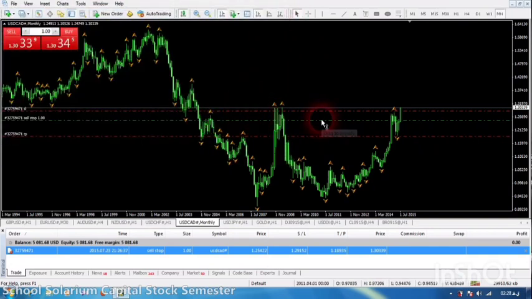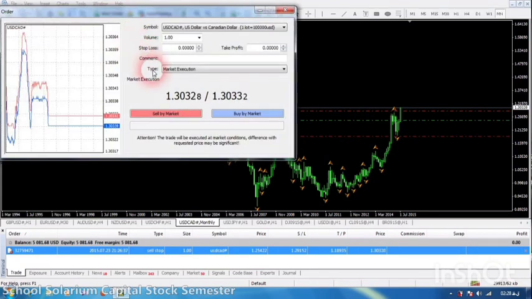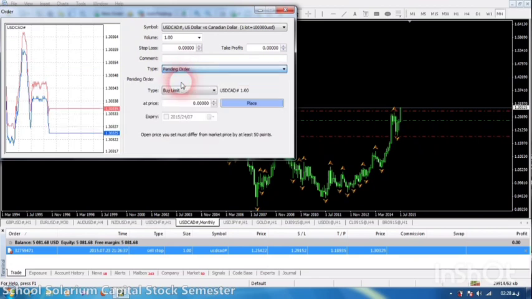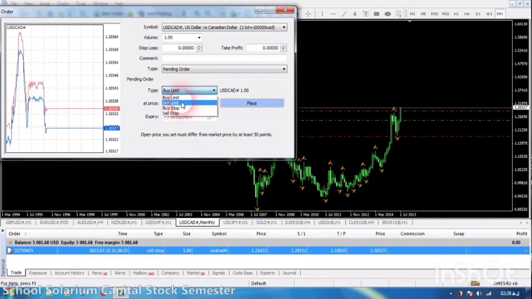There's another technique that you can use while determining your sell stop or buy stop. You can click on new order, and on your type you can choose your pending order, and after that you can see all of the things that I talked about.